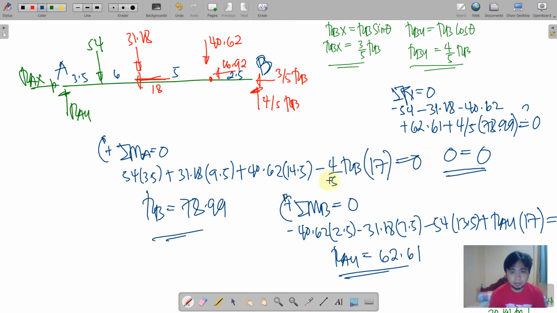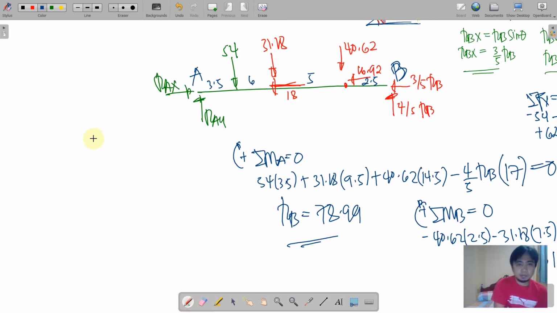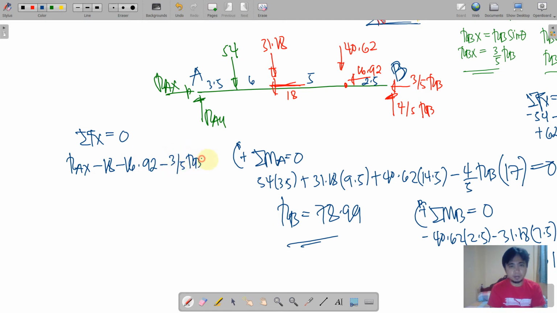Okay, so finally we are going to determine the reaction at X, or horizontal reaction at A. So that can be done by having this third equation. So RAX is towards the right, minus towards the left 18, minus leftward 16.92, and another leftward, that is 3/5 of RB, equal to 0.